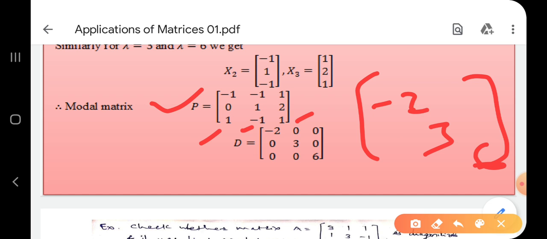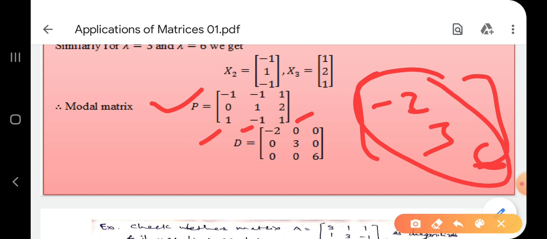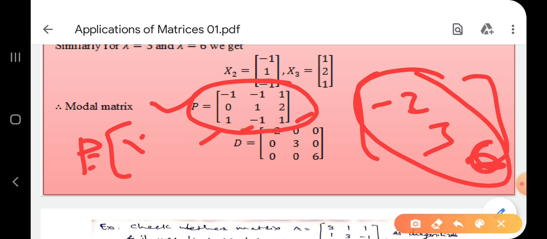Others are 0. Always keep in mind that the order of these eigenvalues is the same as the order of the columns in matrix P. If in P you write x1, x2, x3, then in the diagonal matrix you also have to write lambda 1, lambda 2, lambda 3.